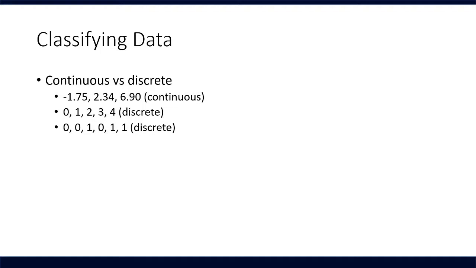Now, in addition to just being continuous or discrete, it's also important to ask whether your data are bounded or unbounded. This is the other important consideration in determining what sorts of statistical analyses to run. If, for example, your data can range across any value from negative infinity to positive infinity, they are unbounded.